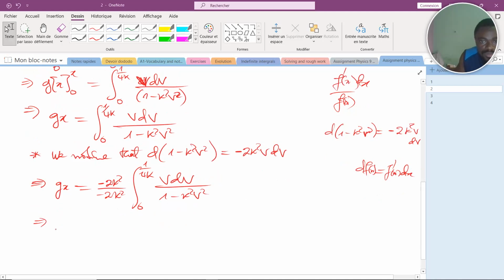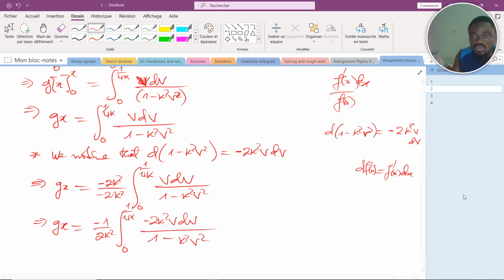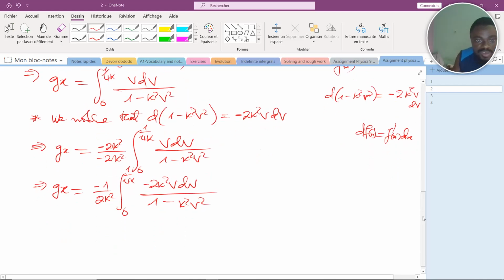This will become gx will be equals to minus 1 on 2k square integral from 0 to 1 on 4k minus 2k square v dv all over 1 minus k square v square. So you notice already that, so this is what we're going to have.